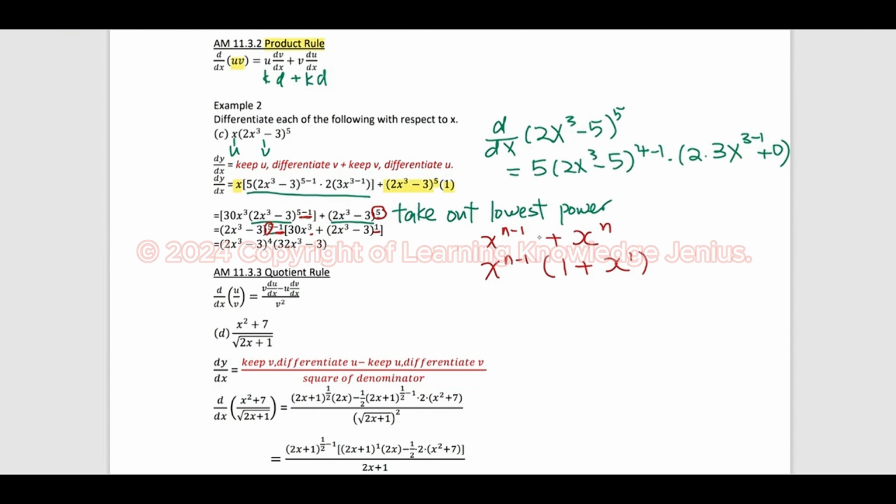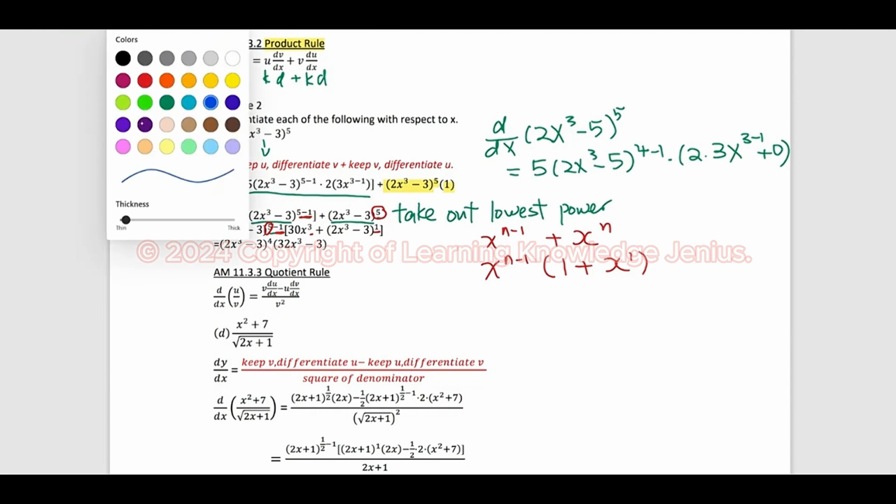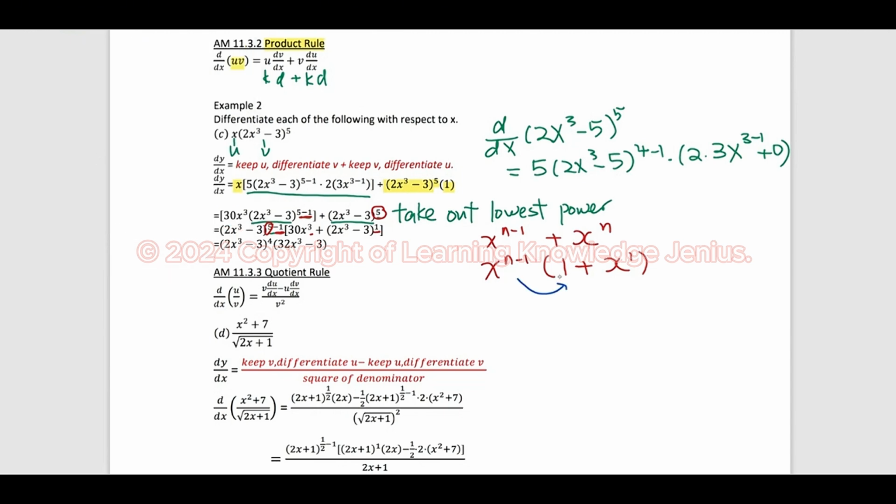Because think about it, when you do the expansion, this one gives this, and when this one multiplies this one, you will get x to the power n minus 1 plus 1. So then you will get back what you want. This is how it works. So since you took out negative 1, you add back the 1 here.